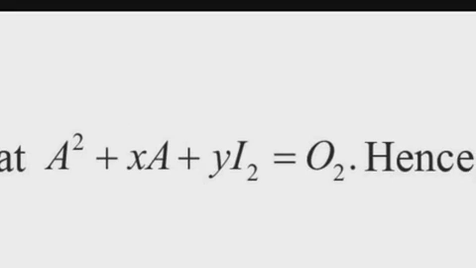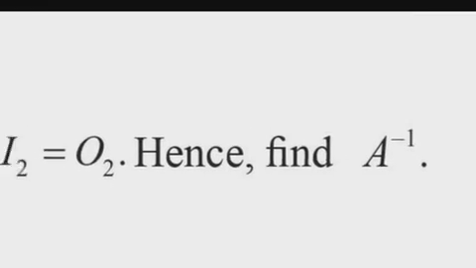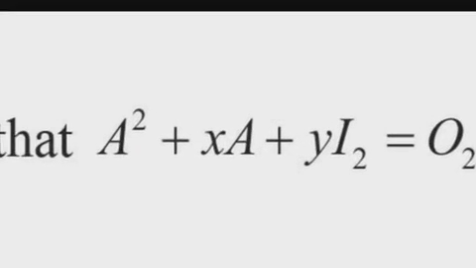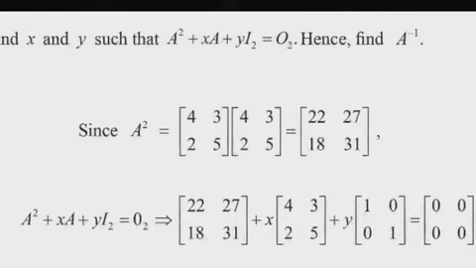So A square plus x into A plus y into I2 equals O2. Hence find A inverse from this equation, not a straight method. This is a very important 5 mark question.